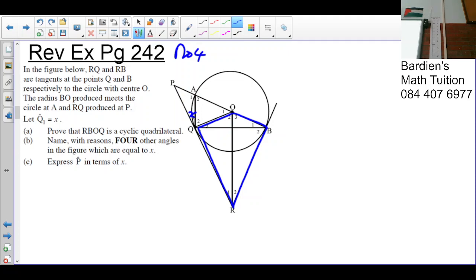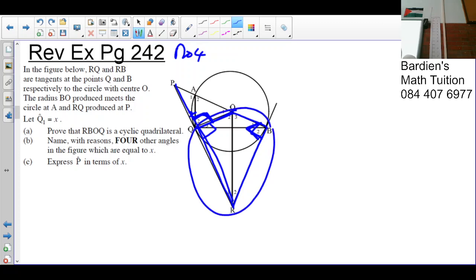So this is your radius here, not so? So that is 90 degrees and this is 90 degrees. Radius perpendicular to tangent. But if that is 90, then that is also 90, angles on a straight line. So you see that that's your exterior angle and there's your interior opposite.